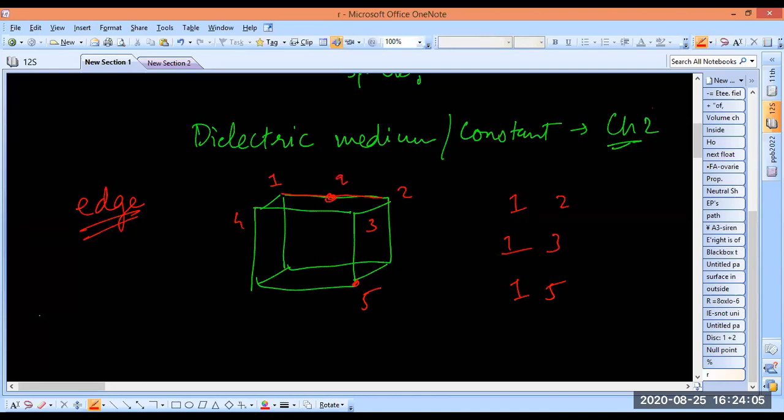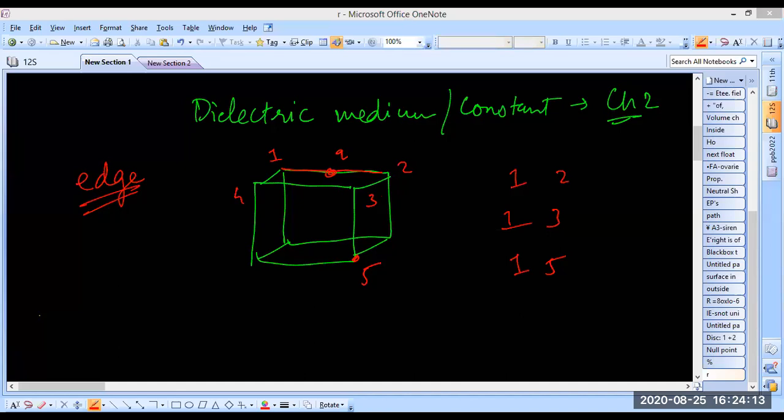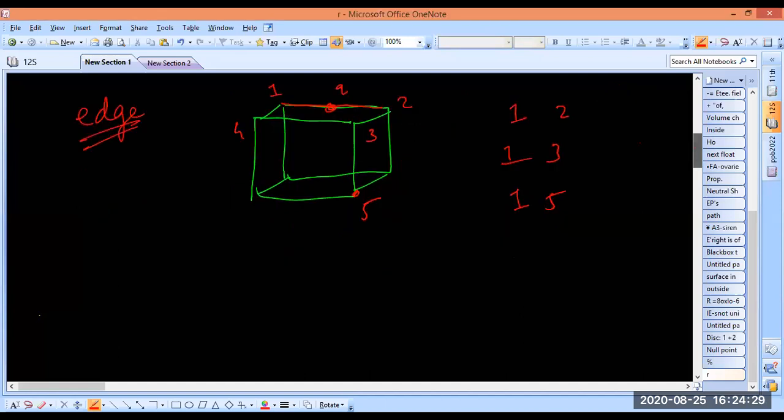Let's discuss this. If you remember, when we consider this point charge q, to create symmetry around the charge from one cube, and the charge is over here, I'll have to create one more cube like this, and one more cube like this, and one more cube in this way.